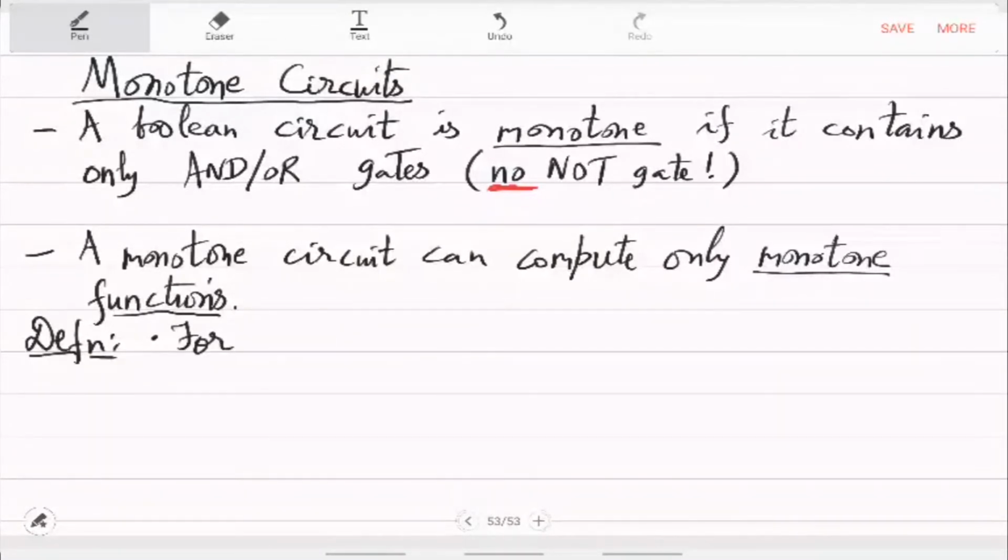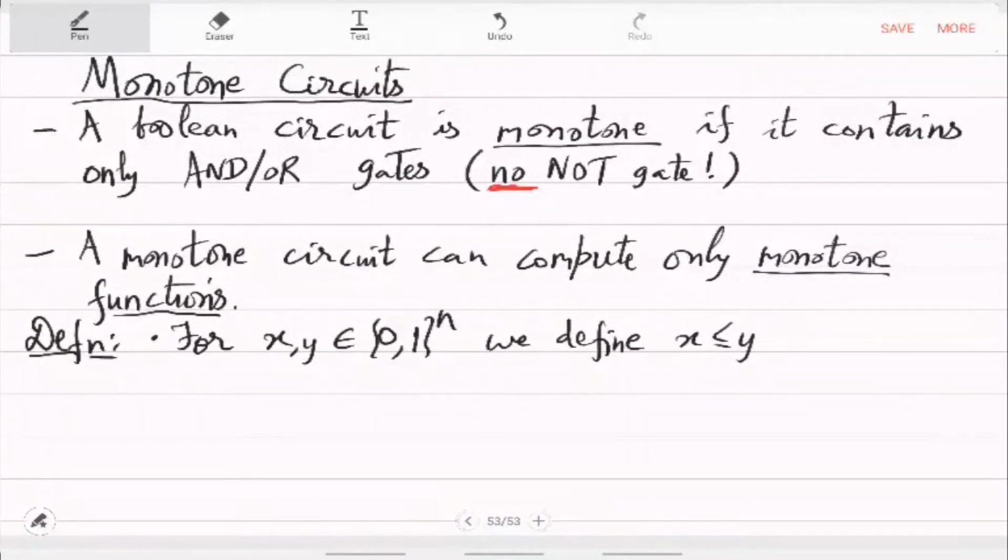So for x, y n-bit strings, we define x less than or equal to y if for every bit i, xi is less than or equal to yi. Okay, this defines what we mean by less than or equal to for strings. So bit by bit it should hold.